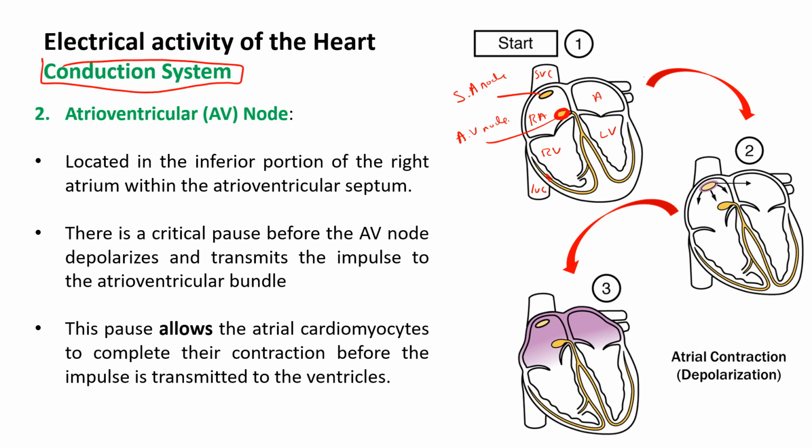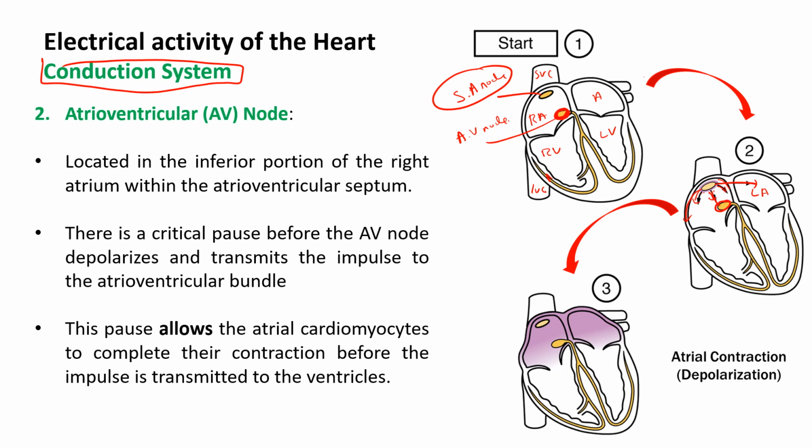So step number one is that the SA node fires. In other words, it releases an action potential that is represented here by these arrows. Notice that there's one that crosses and reaches the left atrium. So this electricity is spreading through the muscles of the atria, and also one of them is going to stimulate the AV node.